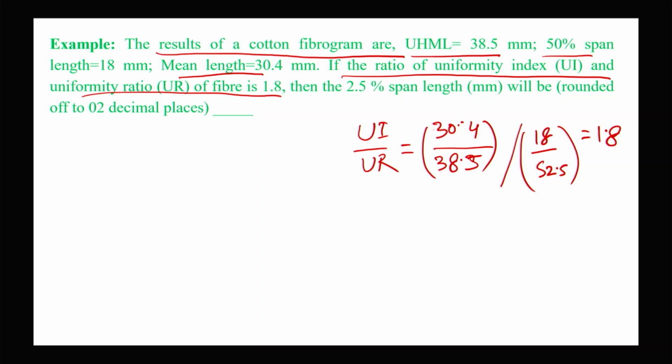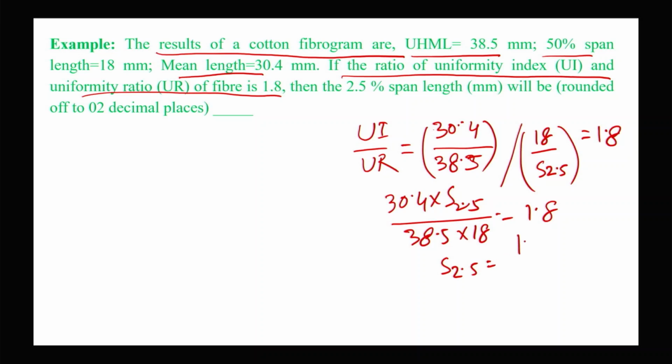Okay. And now 30.4 multiplied by S 2.5% divided by 38.5 multiplied by 18 equal to 1.8. S 2.5 would be 1.8 multiplied by 38.5 times 18, divided by 30.4.